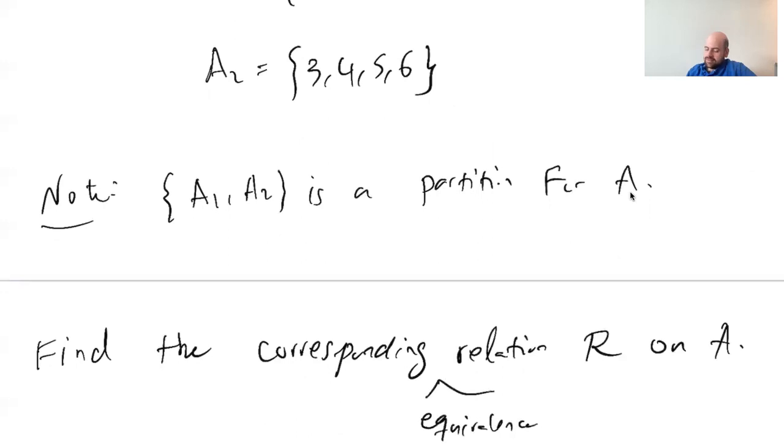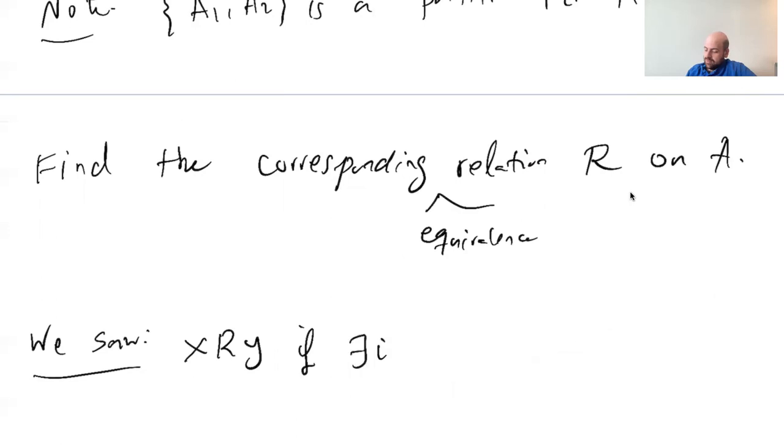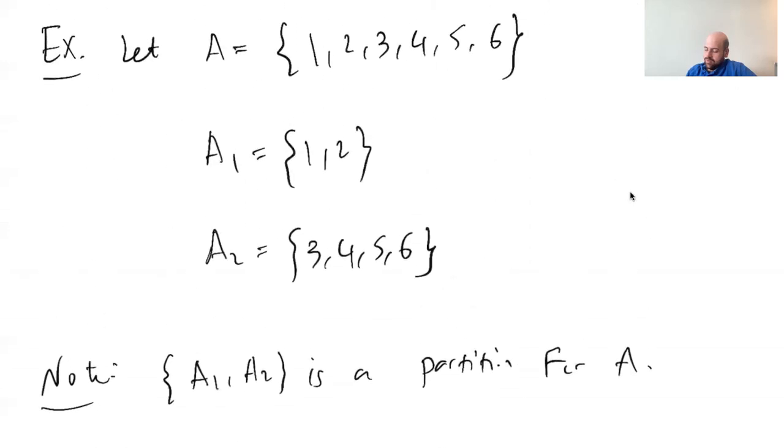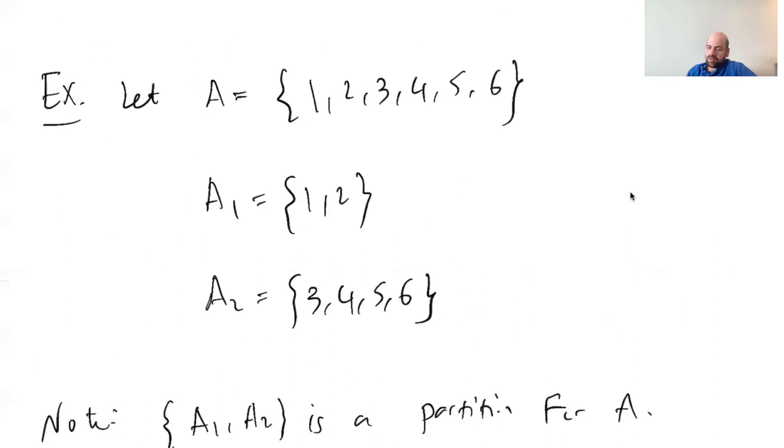How did we define this type of equivalence relation? We saw above that X is in relation with Y if there exists some index I such that X and Y both in AI. So here, A1 is {1, 2}. Let's look at the elements of R. So for example, (1,1) must be in R because 1 and 1, both of them are in A1, right?